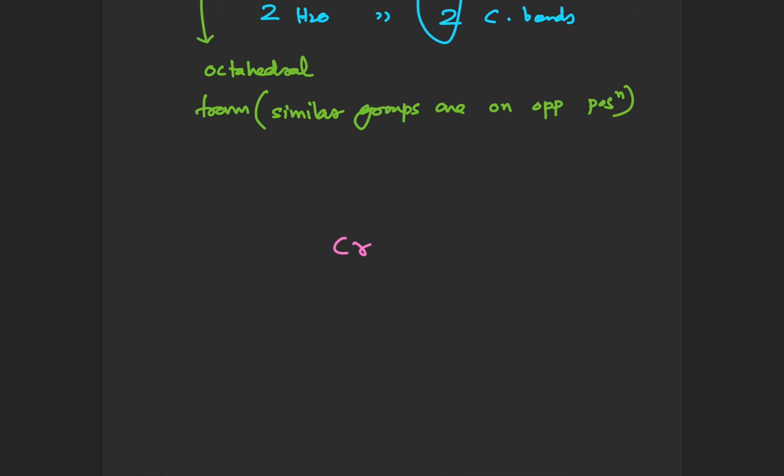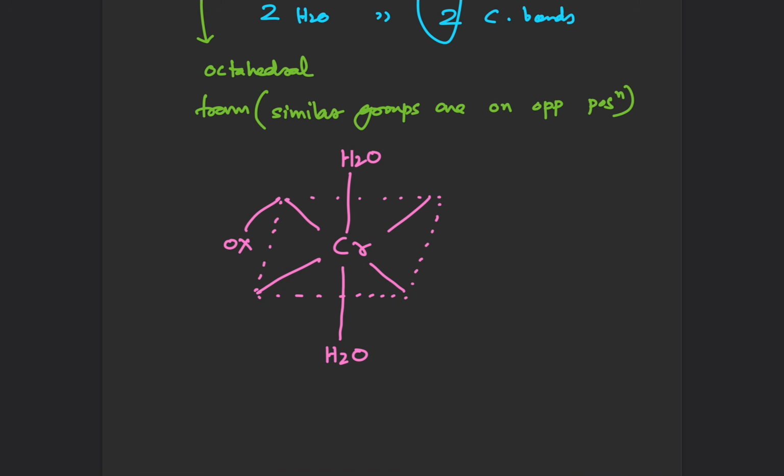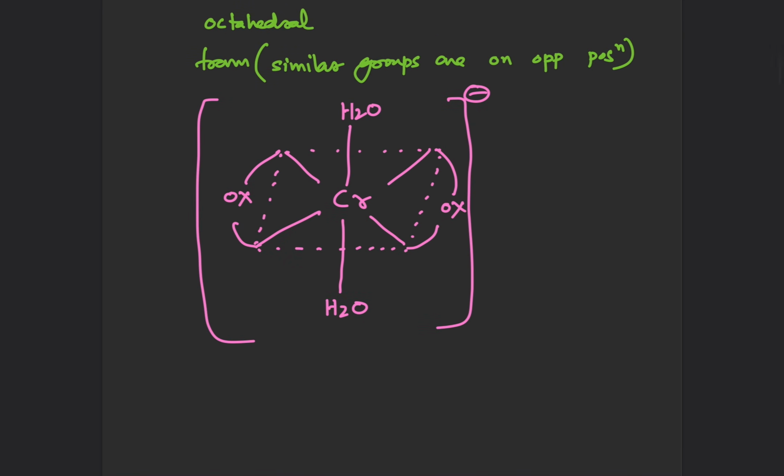I will have chromium, one H2O above the plane, one H2O below the plane, ox ox, and it has a charge of -1.